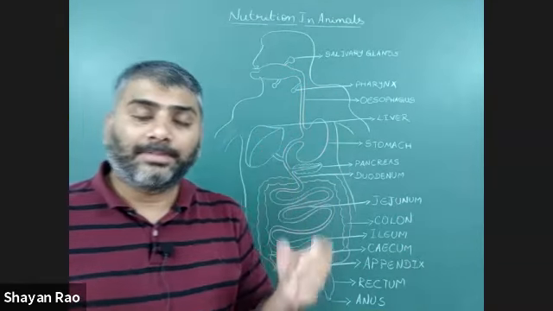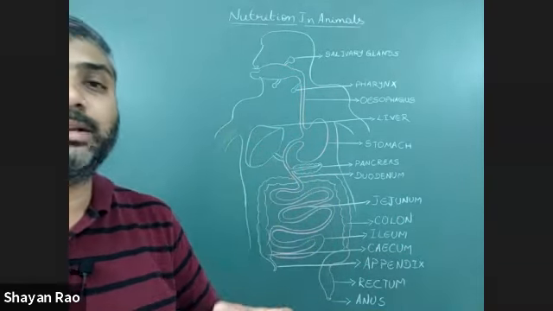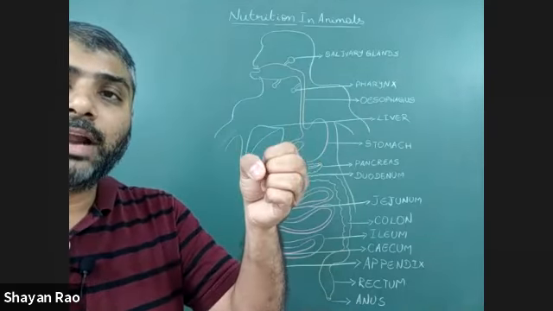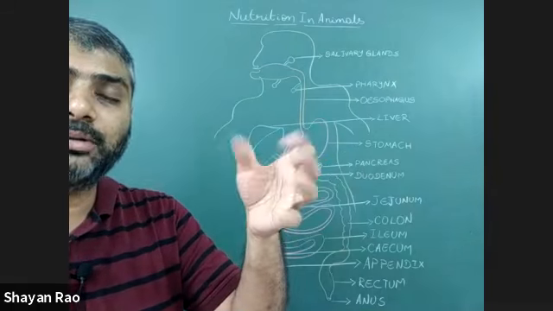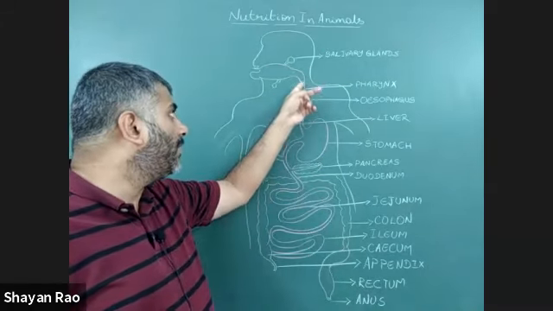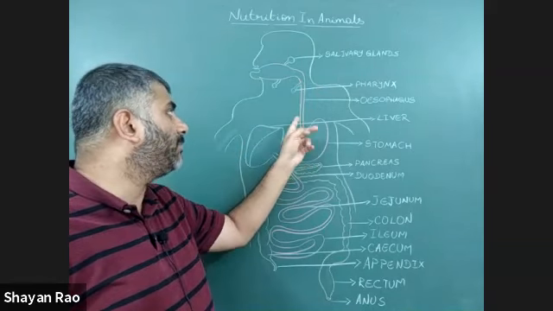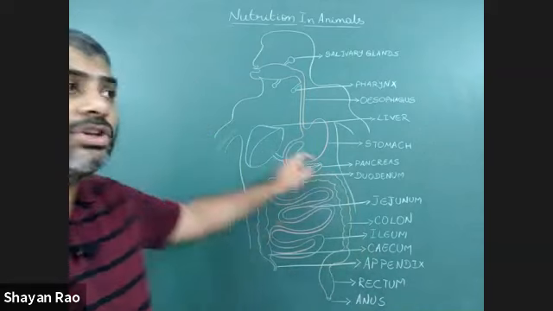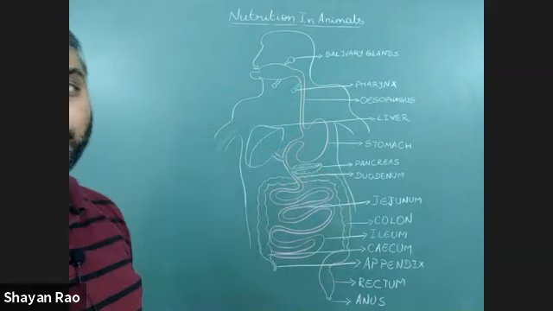Whenever we consume food, the entire esophagus shows contraction and relaxation, which helps in pushing the food from the top to the bottom. The bottom of the esophagus is connected to a structure called the stomach.